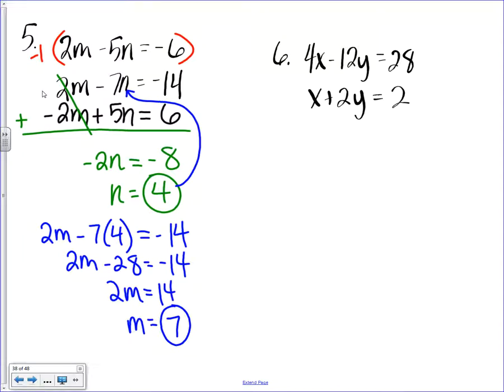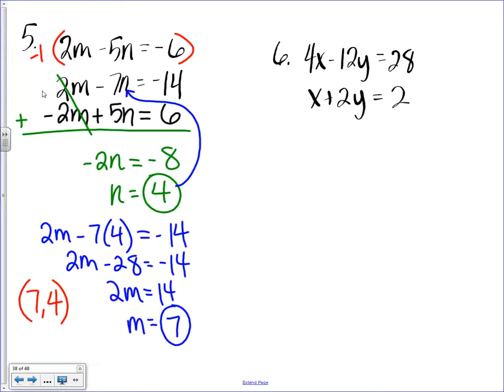Should be 7. Should be 7. So where do they cross? Correct. Alphabetical order tells me 7, 4. All right, let's try another one like that.